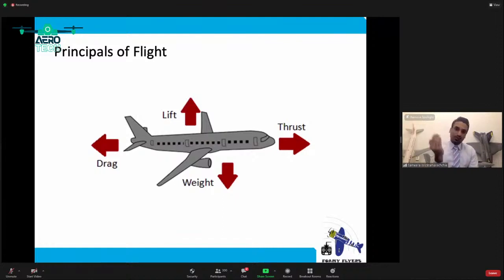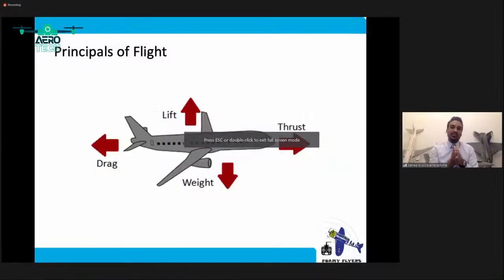And opposite to that, obviously, if we are to fly the aircraft, we need to have a lifting force. That is the lift, which is generated from its wings. And when the aircraft needs to go forward, it needs to have some thrust, which is generated by a power plant of some sort. And opposite to thrust, you'll have drag.